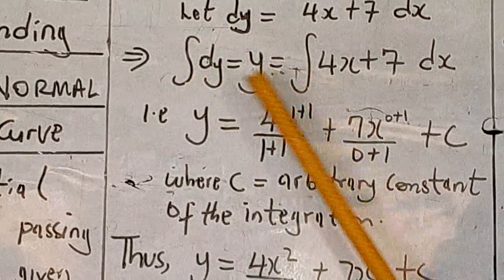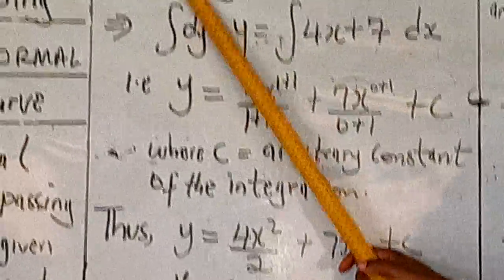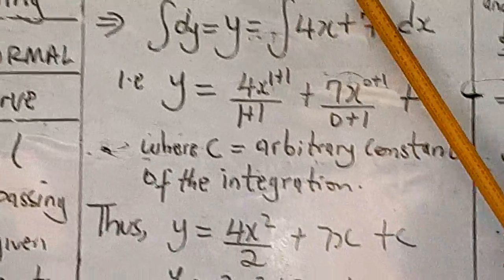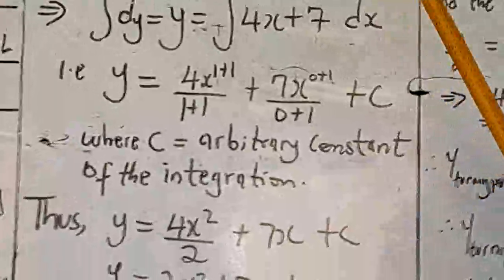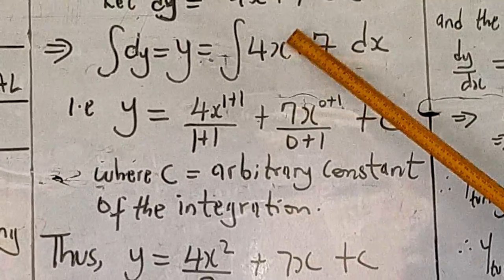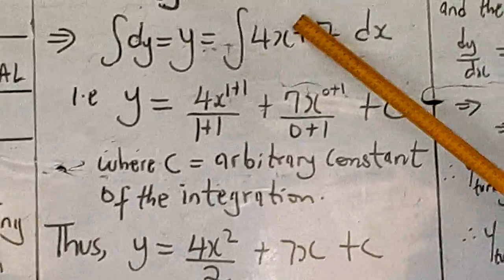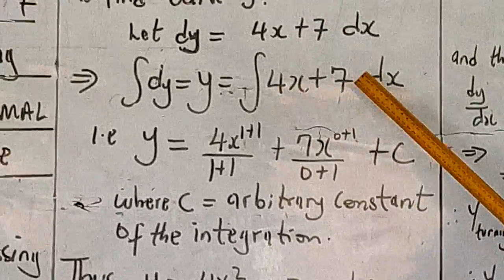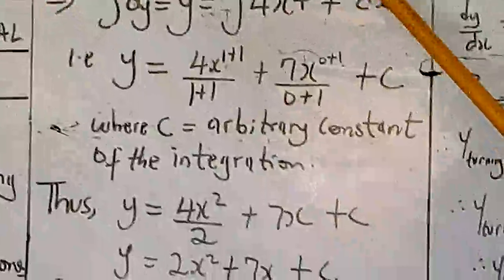This is the integral sign. Integrating dy actually means y. Now, to integrate 4x + 7, the power of x here is 1, so to integrate, we add another 1 to it, and whatever our result is, we divide by it. The 7 that doesn't have x actually means x raised to power 0.